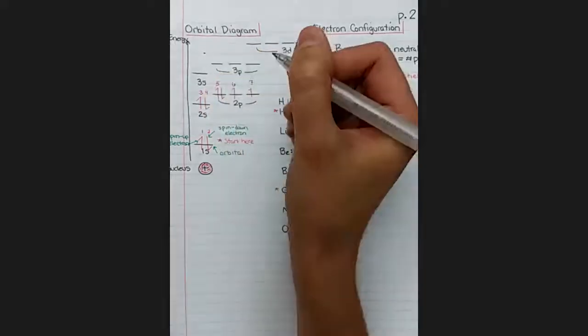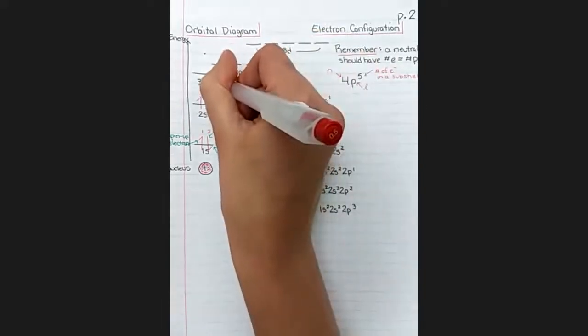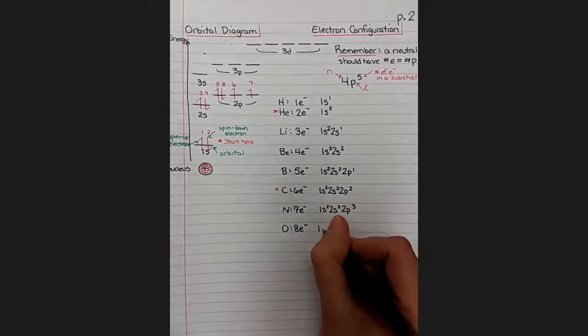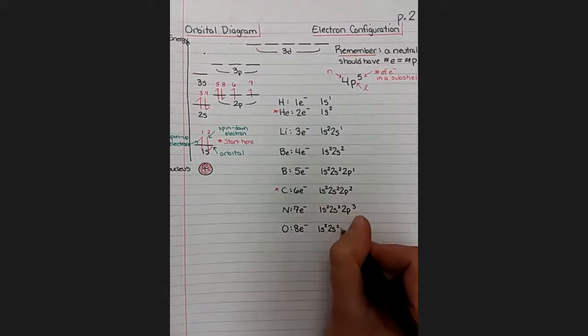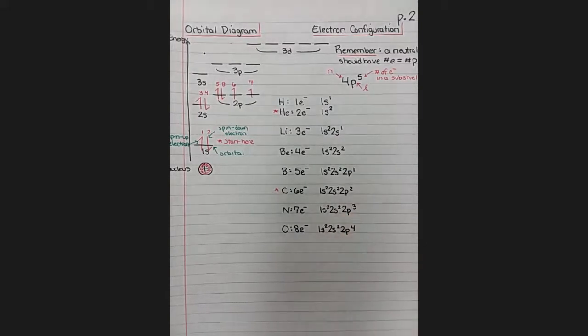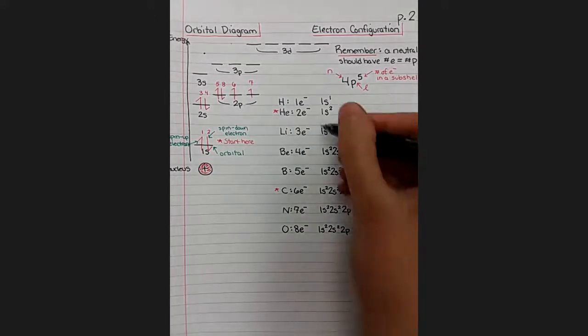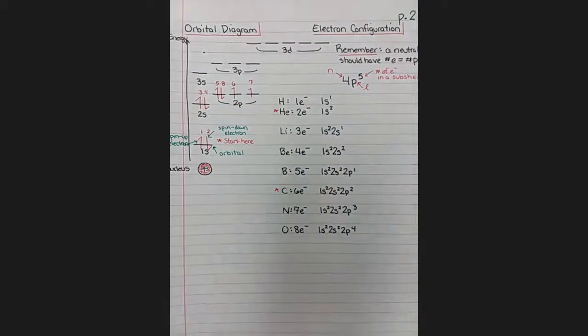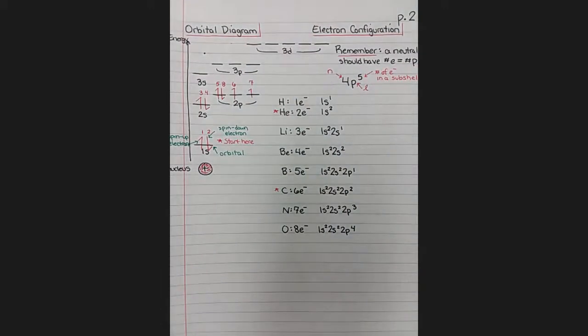So we're finally going to suck it up and share a bed. So our configuration is now 1s2, 2s2, 2p4. And you can continue on like that, on and on and on, filling up all the different orbitals, even the ones that we haven't drawn here in the picture.